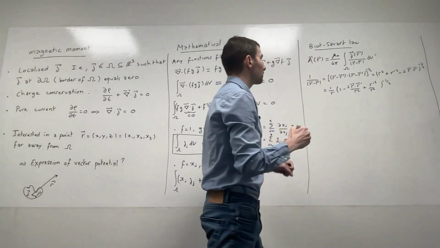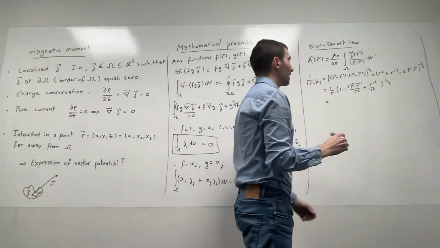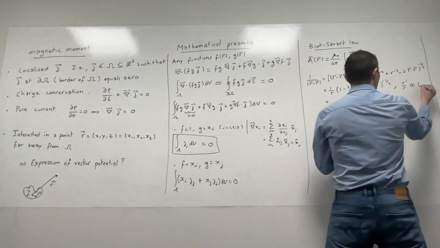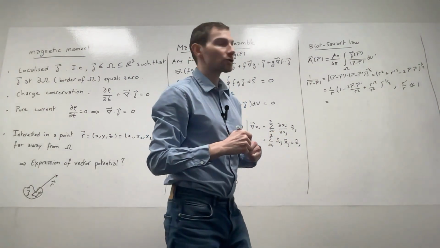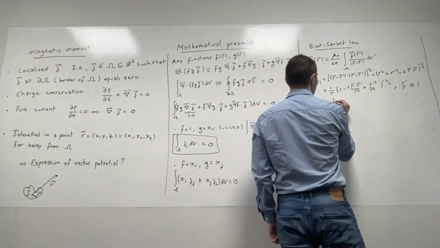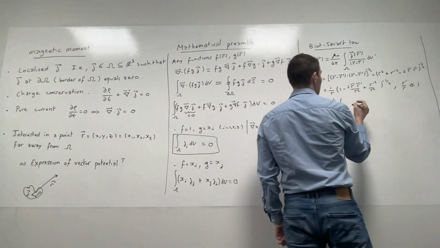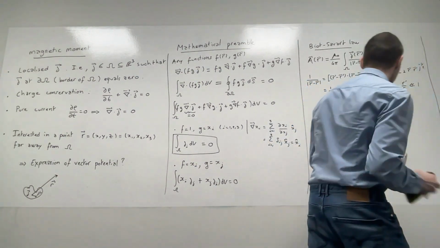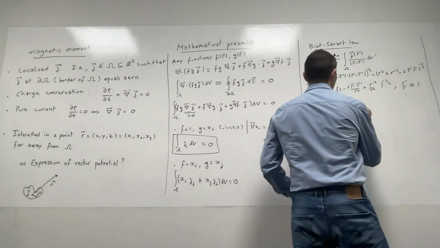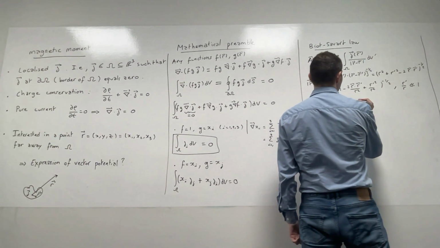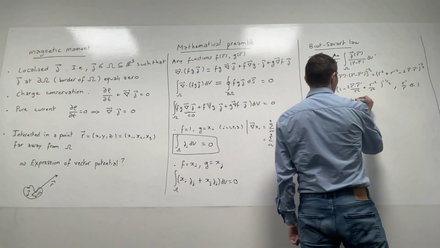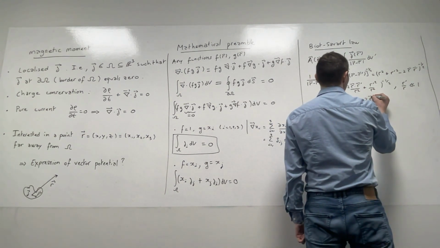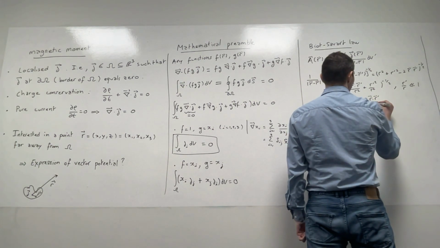And now what we are going to do is a Taylor expansion, assuming that r prime over r is much smaller than 1. So if we do that, we get the following. It's 1 over r, times 1 plus, and here I need to say minus a half, so that's coming from there, times 2r dot r prime over r squared.